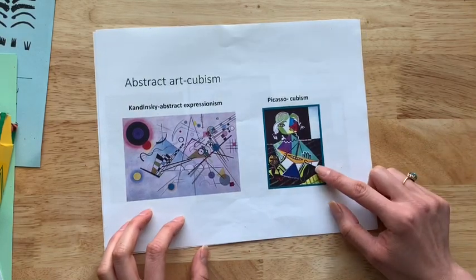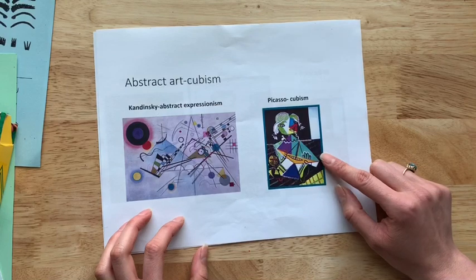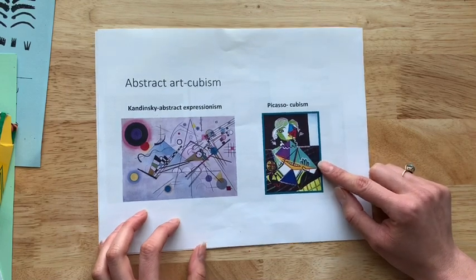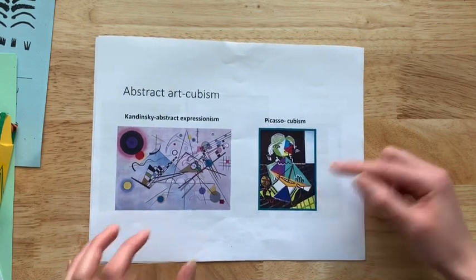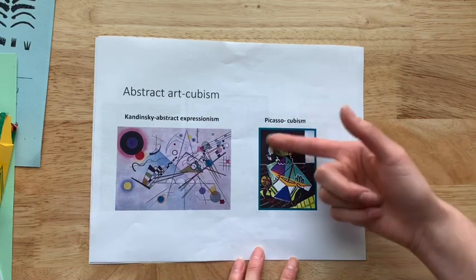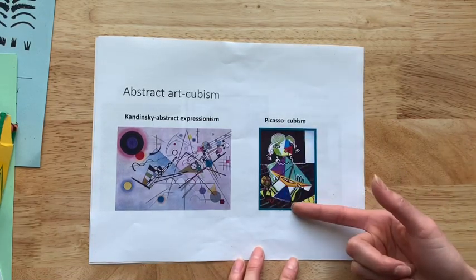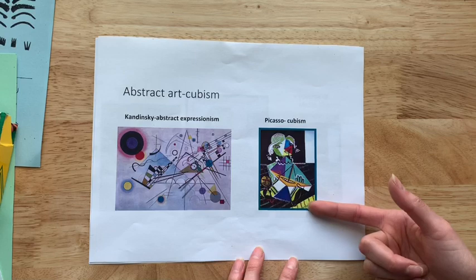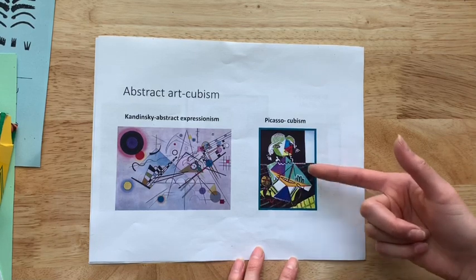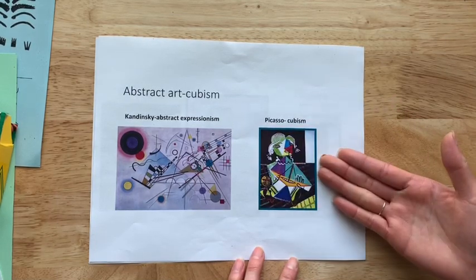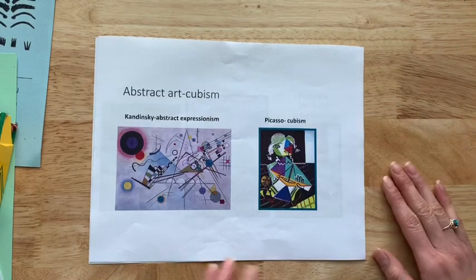However, in Picasso's piece, his piece is also abstract, but we can still tell what's happening in his piece, or we can tell what it's about. So it looks like there's a girl here, and I don't know if those are all toys around here. It looks like she's holding like a sailboat, but we can tell that this is about a girl, okay? It has subject matter.